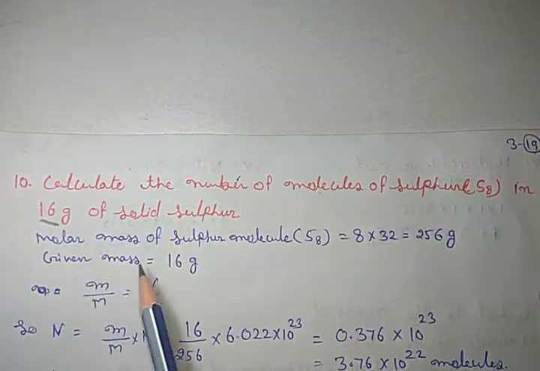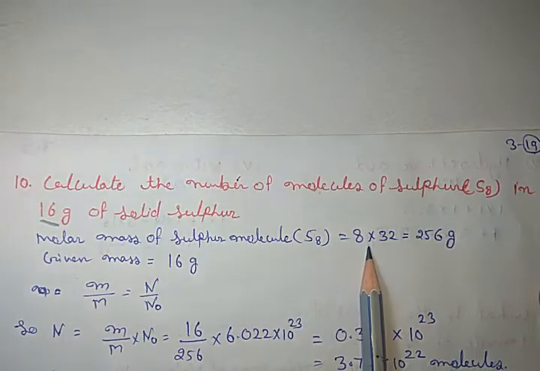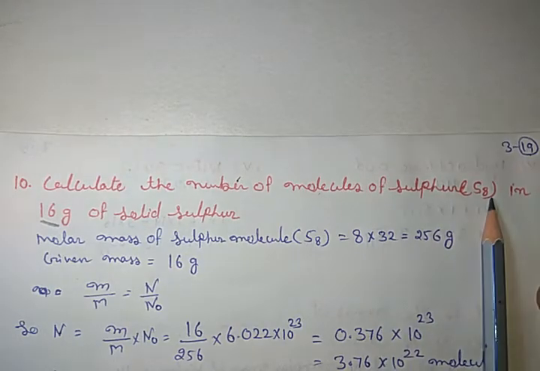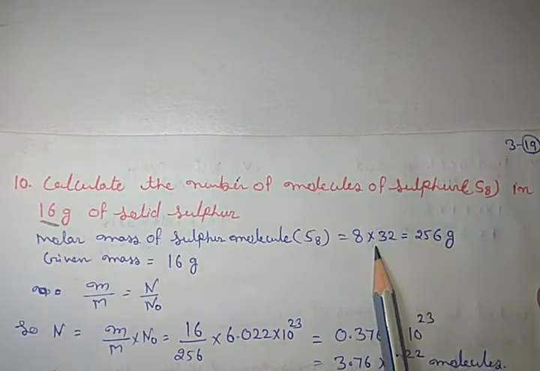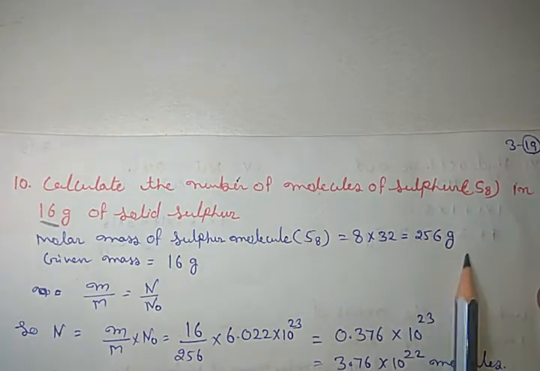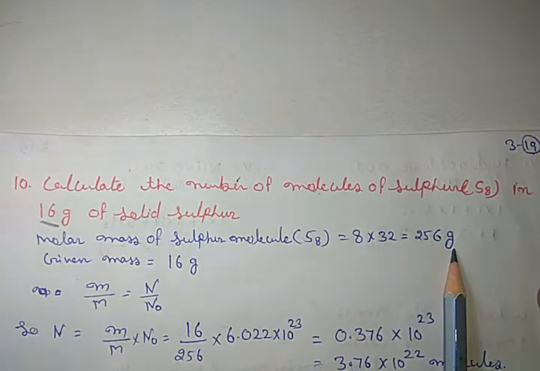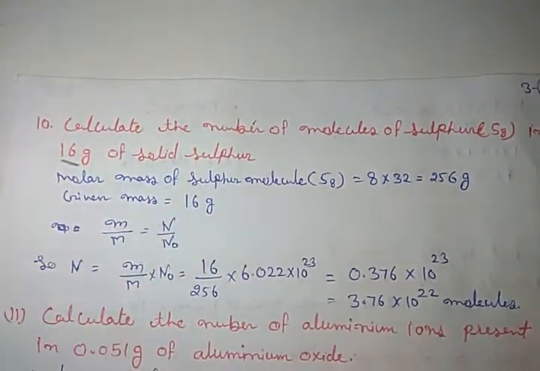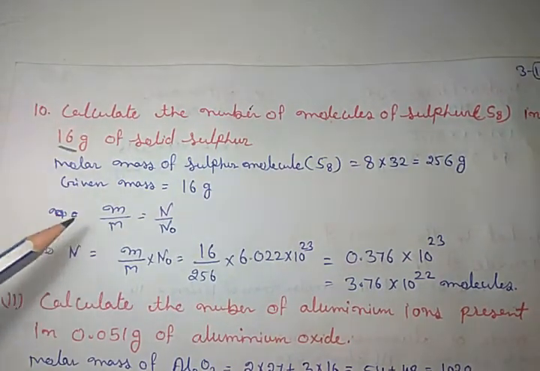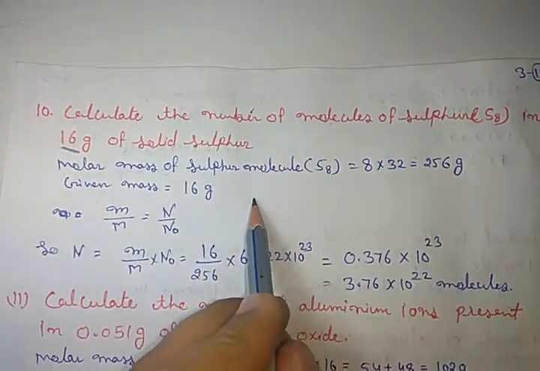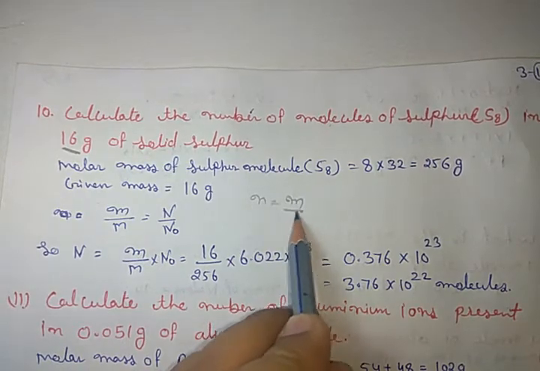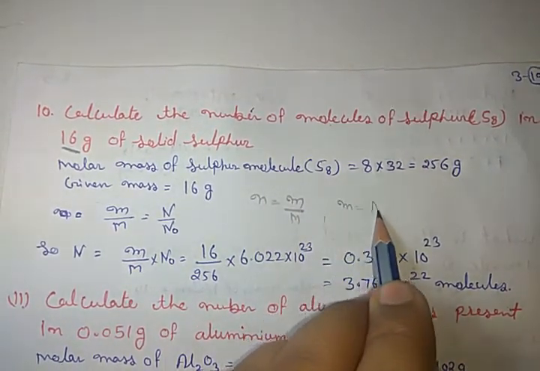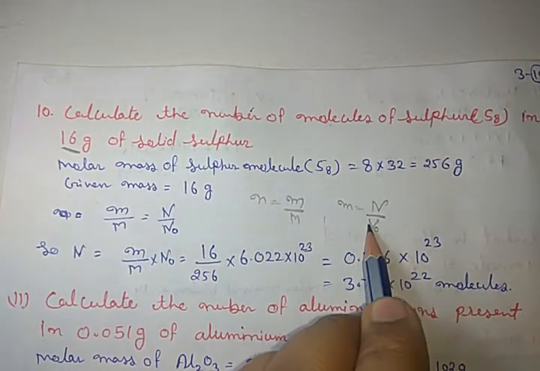Molar mass of sulfur, again we have to calculate. That is 8 atoms, and 1 atom has atomic mass 32. So the molar mass is 256 gram. Now the given mass is 16 gram. As you know, n is equal to m upon M, and n is also equal to N upon N0.